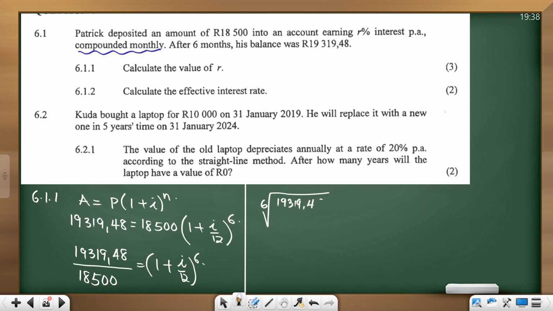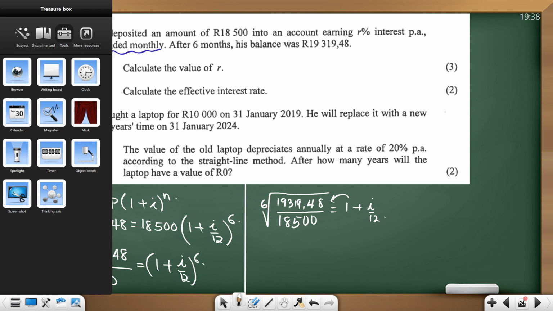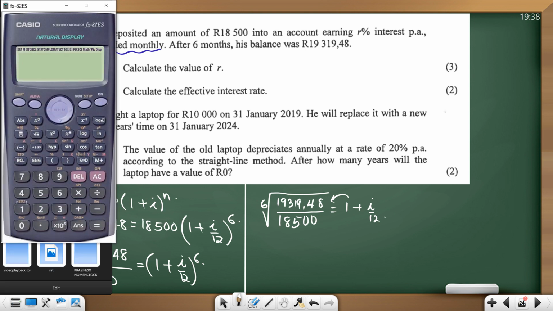The 6th root of 19,319.48 over 18,500 is equal to 1 plus i over 12. Okay, you can get me an answer for that one. Everybody, calculator.